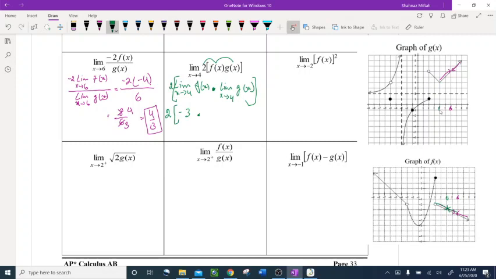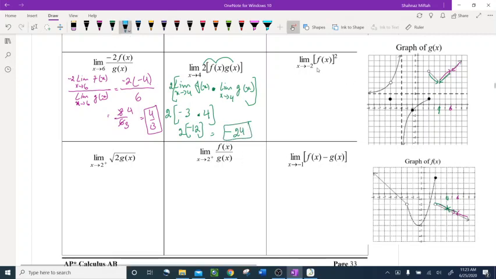The graph I have for 4 is this. When I approach from the left towards the y value at 4, I get 4. When I approach from the right towards x equals 4, my y value is 4. So negative 12 times 2 will give me negative 24, and that would be my answer.